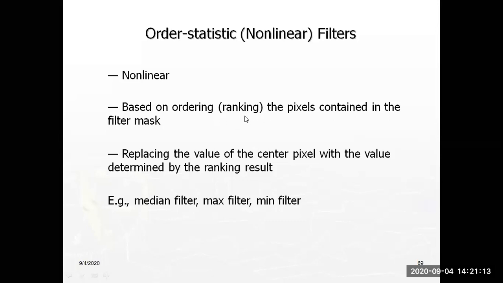Based on ordering the pixel values contained in the filter mask, we can form three types of filters. While performing the filter, just replace the value of the center pixel with the value determined by the ranking result. So here we have median rank, maximum rank, minimum rank. So we have three types of nonlinear filters.